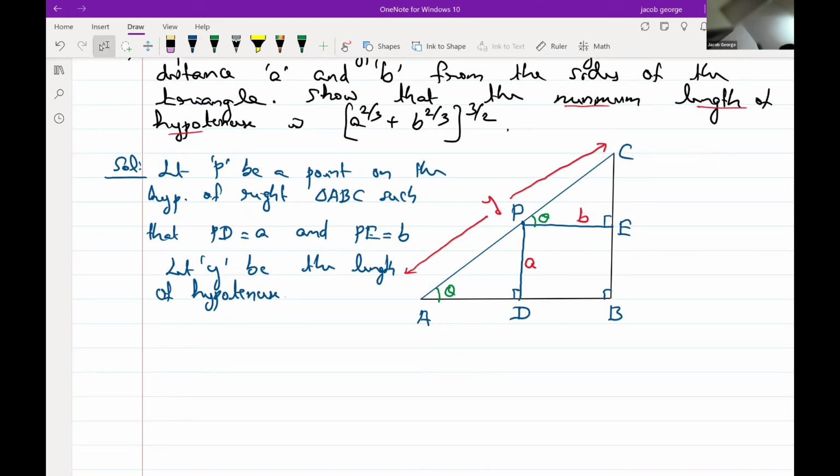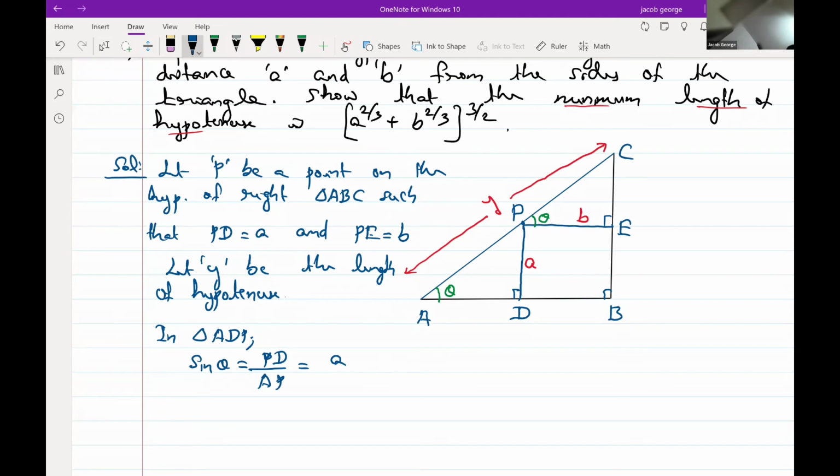Now, first we take the triangle ADP and we will find out AP and then PC from triangle PEC, then y will be AP plus PC. That is the procedure of this question. Okay, in triangle ADP, sine theta, because a is the opposite side and AP is the hypotenuse. So I take sine theta, opposite side PD by hypotenuse AP.